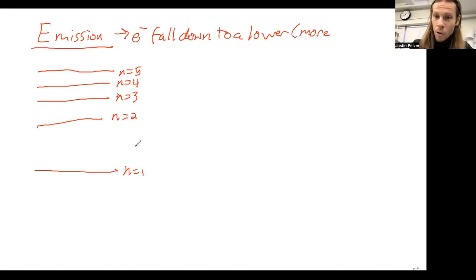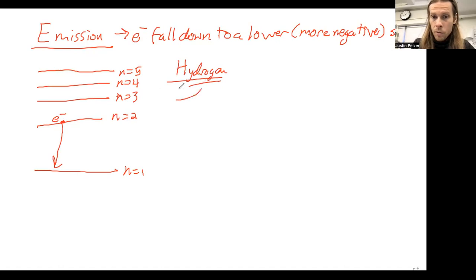Remember, lower means more negative. So for instance, from the n equals 2 to the n equals 1 state in hydrogen. The example is hydrogen, but this is true for any element, as we're going to see.